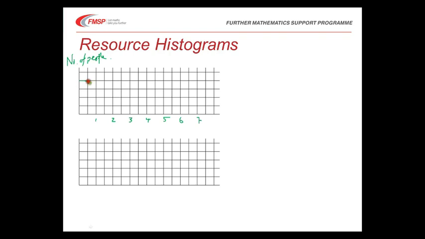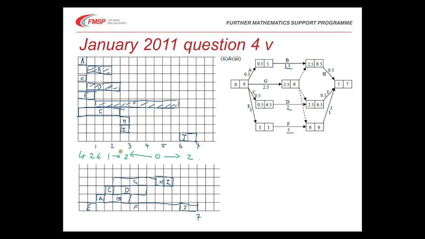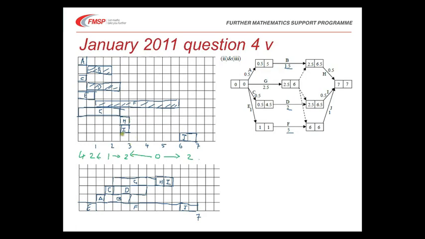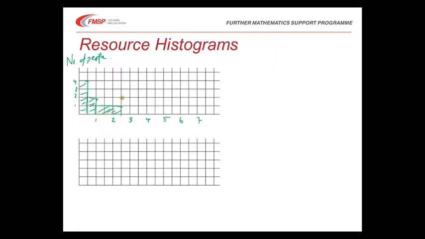I was using 4. For the next half a minute I was using 2. Then I used 1 all the way up to 2.5 minutes. Then I used 2 for the next half minute. Then I used nobody all the way up to 6 to 7, and I used 1 person there.